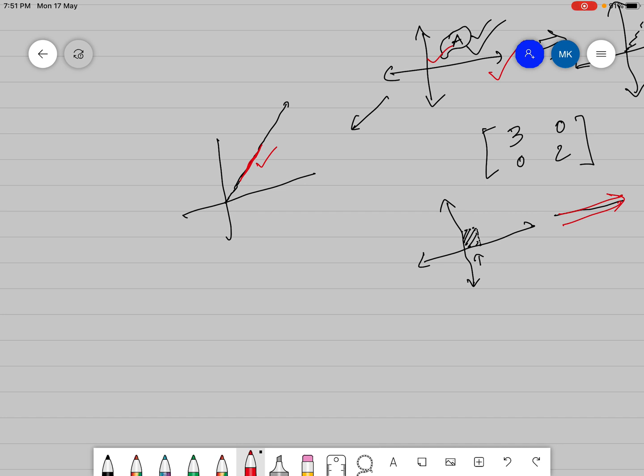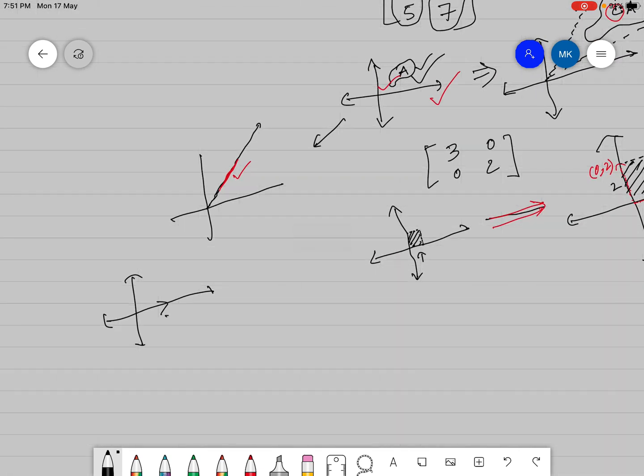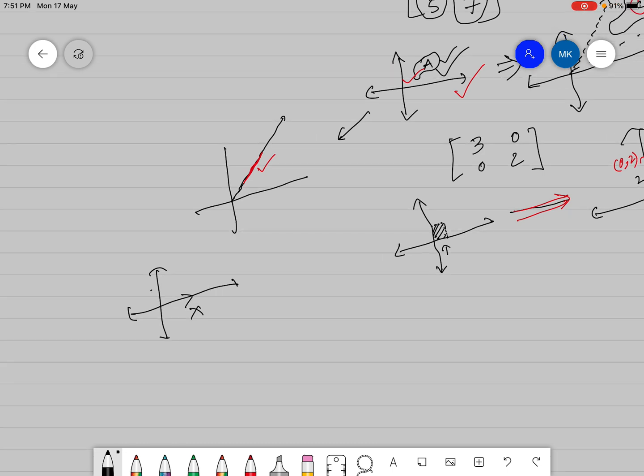Determinant also allows negative values. Okay, this has to do with the idea of orientation. For example, this is the normal case, with the x-axis and the y-axis.